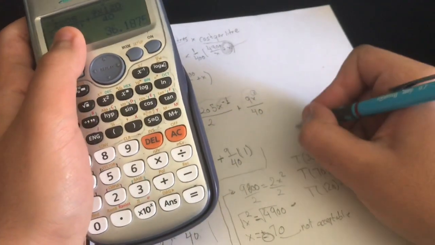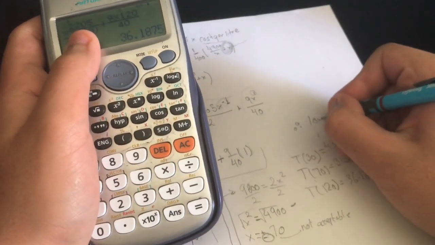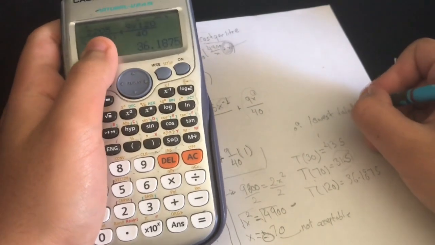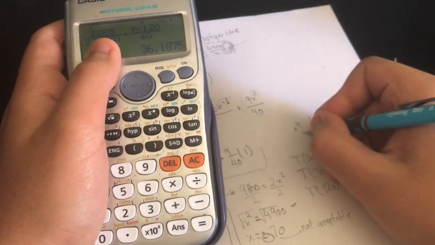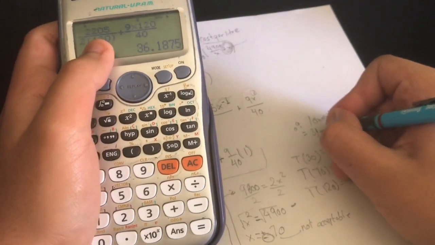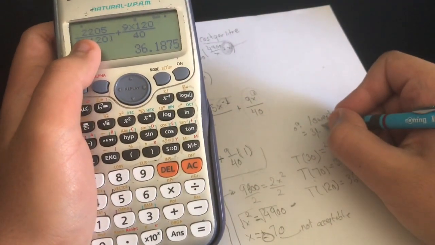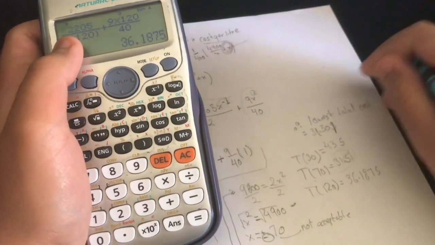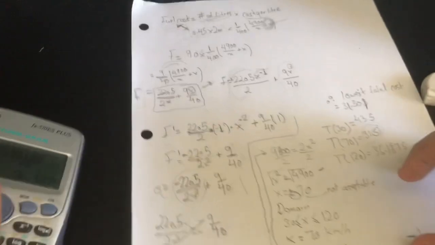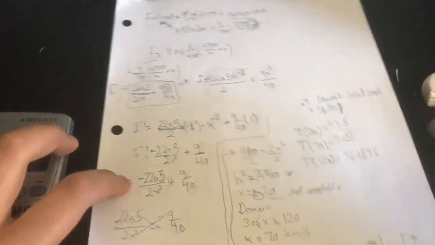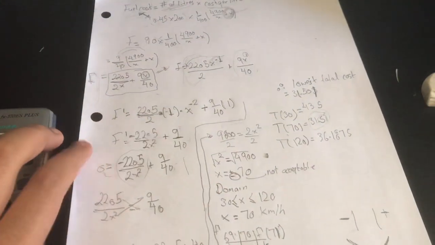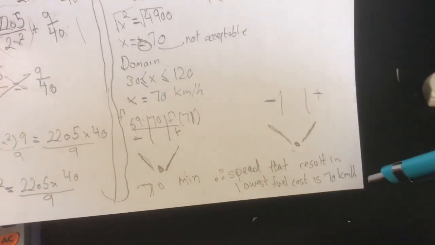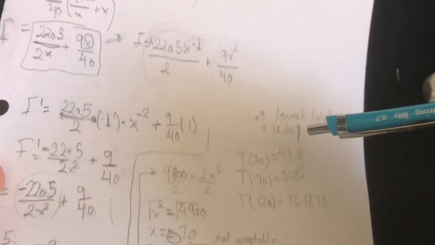So therefore the lowest total cost is equal to $31.50. So that's how to solve this problem. So here's the answer, and this is the second answer.